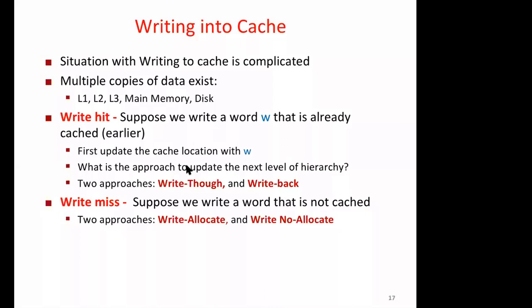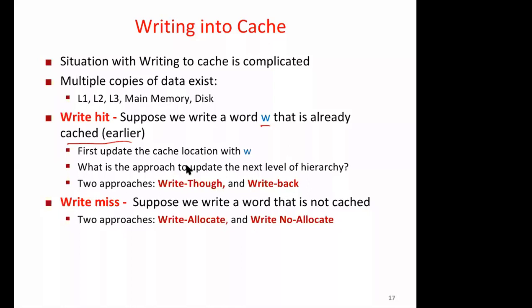first we have to see whether the thing we want to write is already there or not. It means that there must be some value of that W in the cache. That block is available, and then we just need to write over that. So that is already cached earlier.